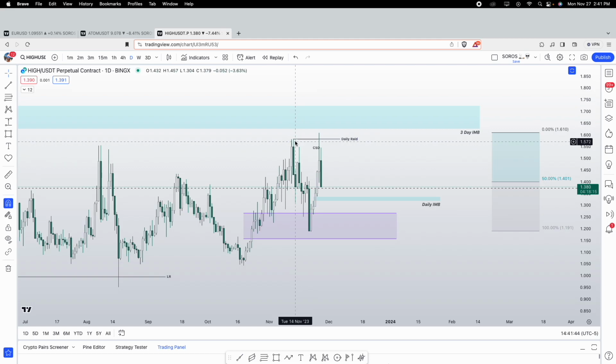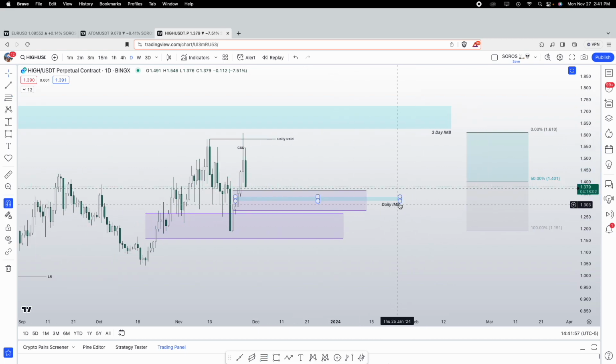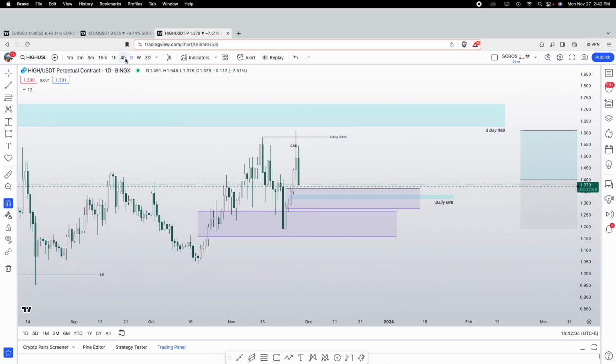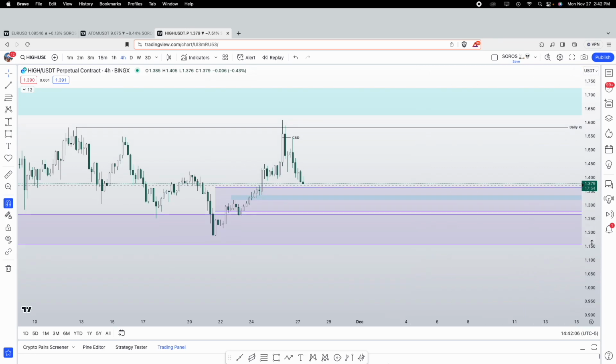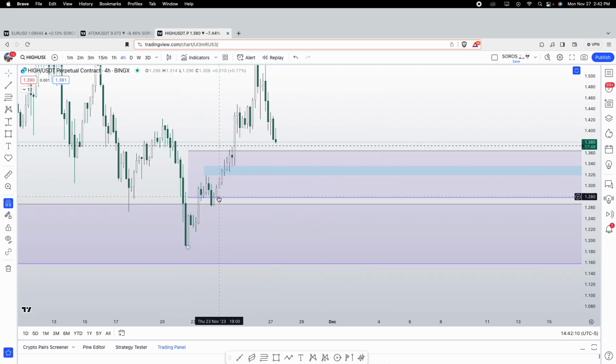and then it pushes up. So now if we take a second OTE from this leg of the range, so we use this dealing range low to that dealing range high and drag it out, you can see our daily imbalance sits inside of that OTE. So what I'm anticipating on this next move is one last drive down into this range, and then potentially basing inside this order block right here.